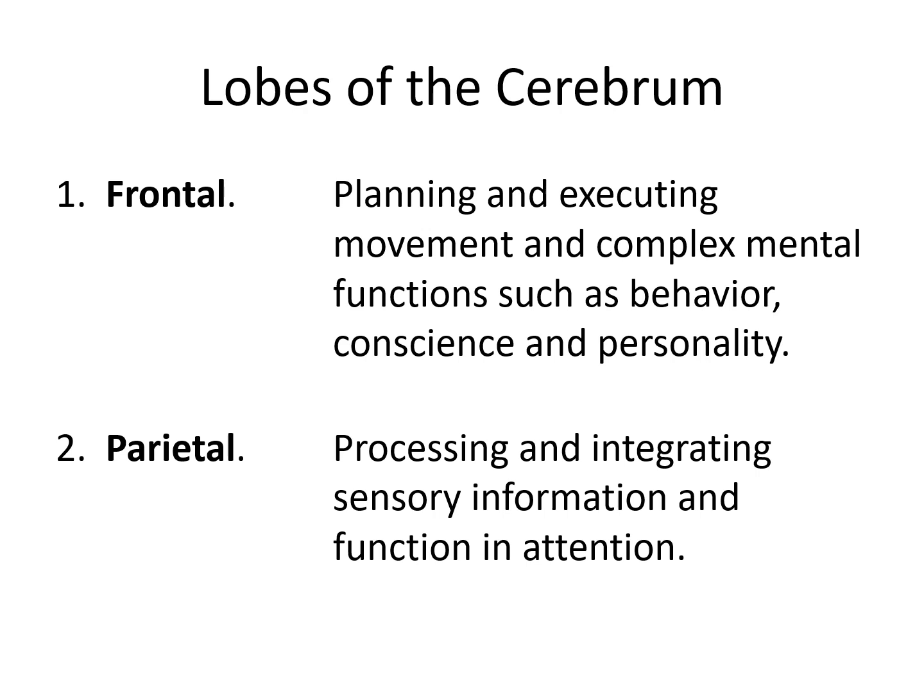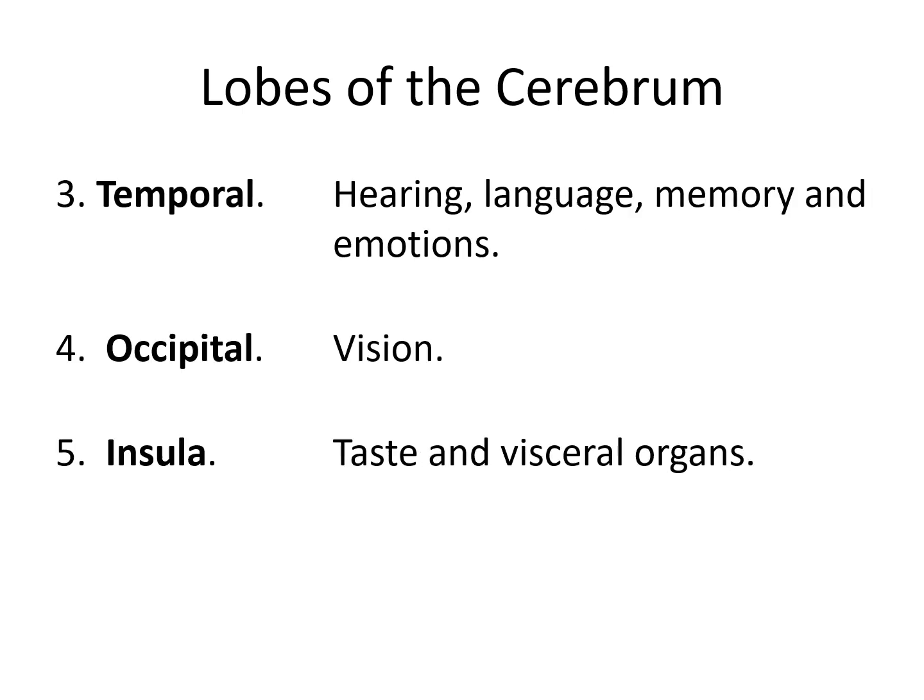The parietal lobe is for processing and integrating sensory information and attention. The temporal lobe is for hearing, language, memory, and emotions. And the occipital lobe is for vision. The last one, the insula, is the one that cannot be seen from the surface of the brain, and it's involved in taste and visceral organs.